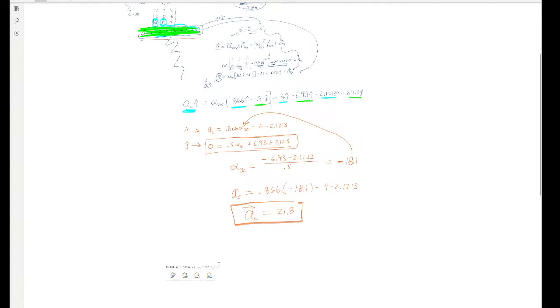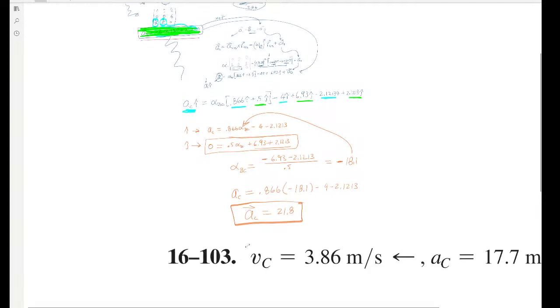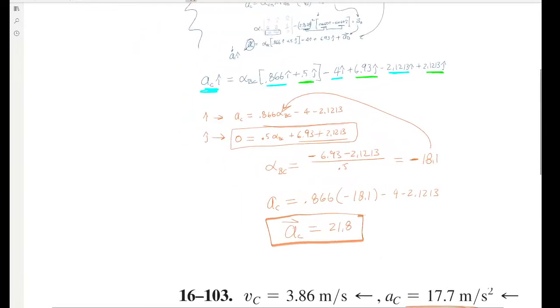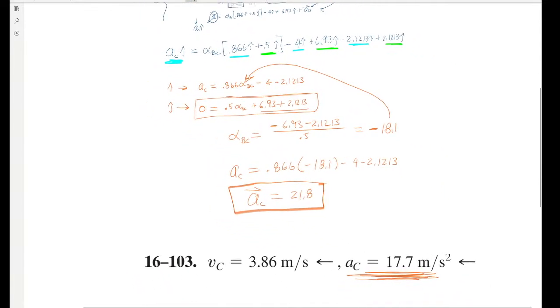Here's what I mean. I got the velocity correct. Let's take a minute here and see if we can find out what I did wrong, that I didn't get the 17.7 from. I got a 21. So let's first start at the computations I did in this area.